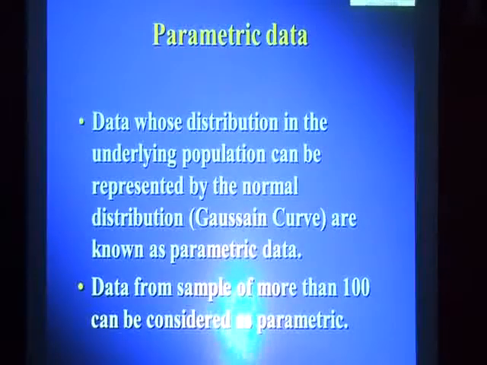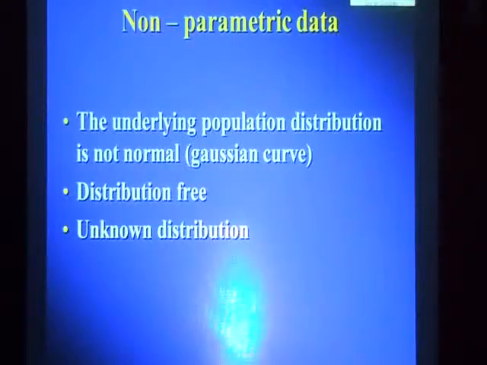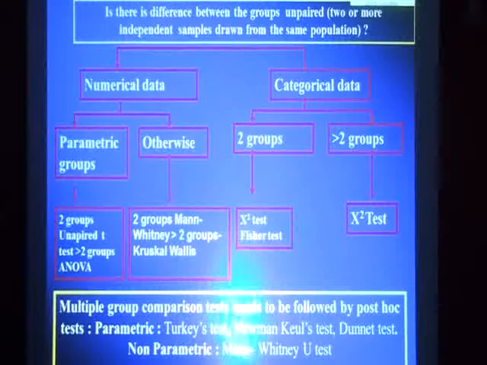If it is not following a Gaussian curve, it is non-parametric data, or if you don't know the distribution of the data set, you should presume that it is non-parametric. There are certain tests done to find out whether your data set is parametric or not. Okay, having this background, now try to understand these 5 tables, which are really very simple.